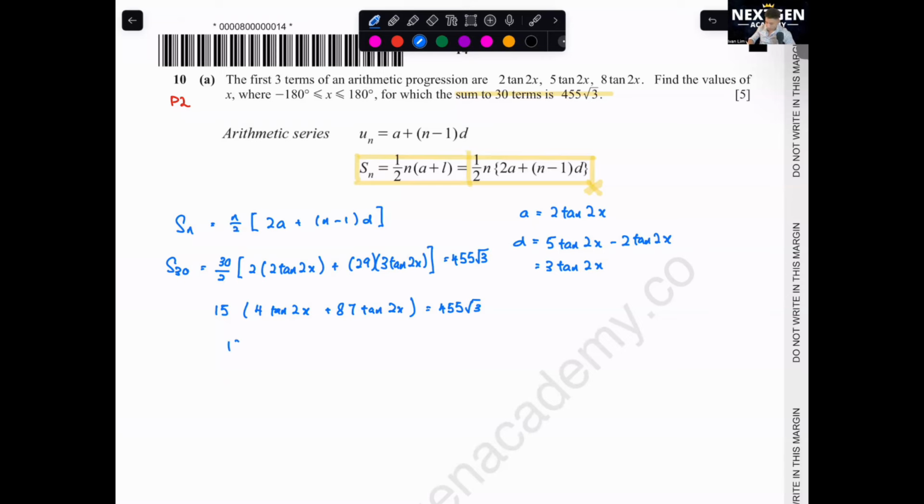Wait, 4 plus 87 first, 91 times 15. So 1365 tan 2x equals 455 root 3. Then we do 455 divided by 1365. Tan 2x will be equal to root 3 over 3. Everyone get until here?